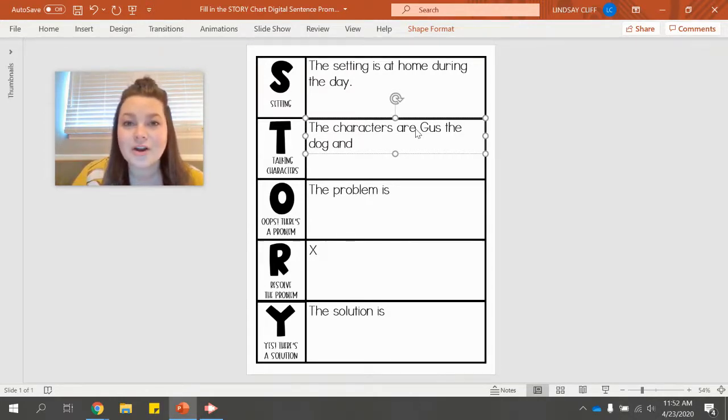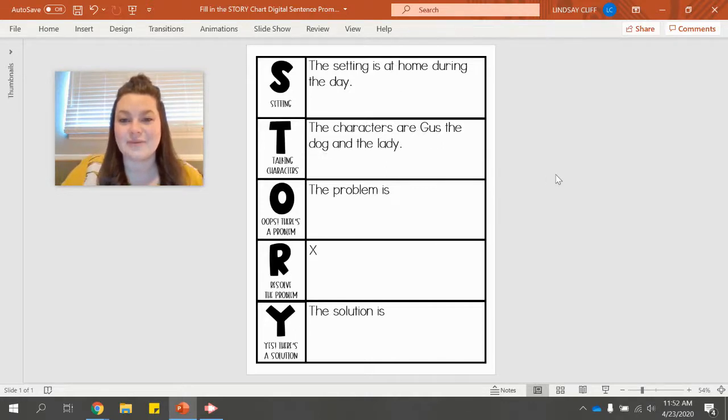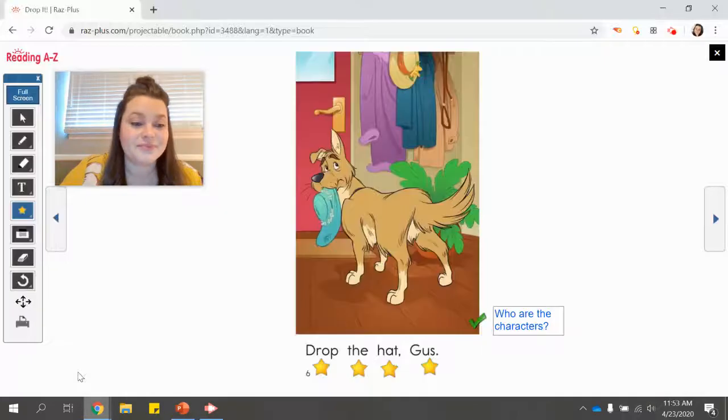No, we don't know her name, so we can just call her the lady. All right, got my period at the end. I'm going to reread it back to myself. The characters are Gus, the dog, and the lady. All right, so now that we have our characters down on our story elements chart, let's get back to our book.